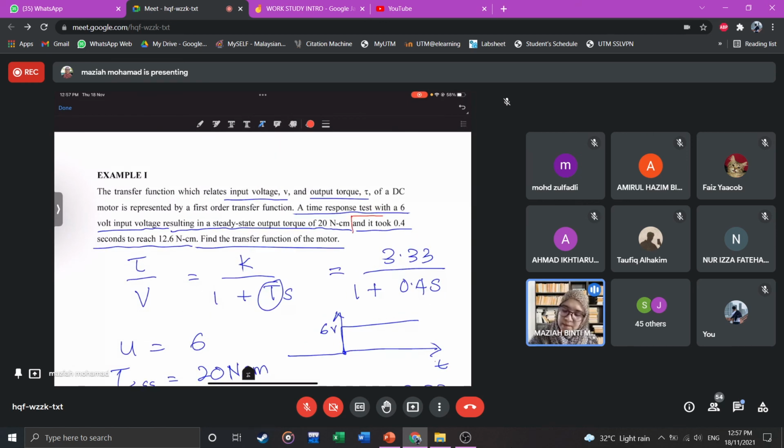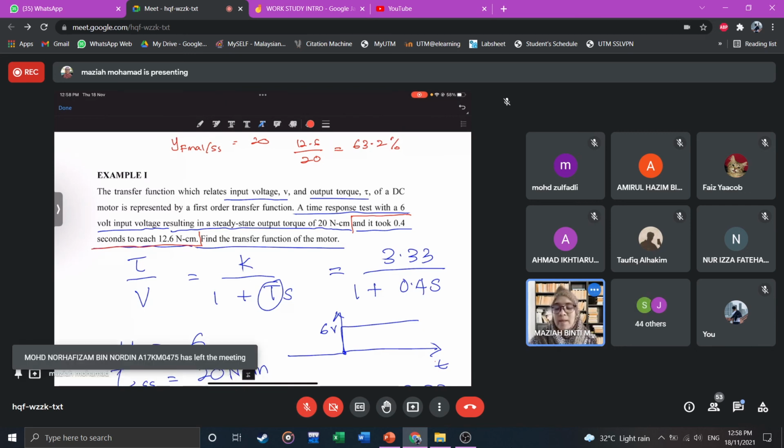Based on this statement, it took 0.4 seconds to reach 12.6 Newton centimeter. Y final, or Y steady state, is equal to 20. If you divide 12.6 over 20, this gives you 63.2%, or 0.632.